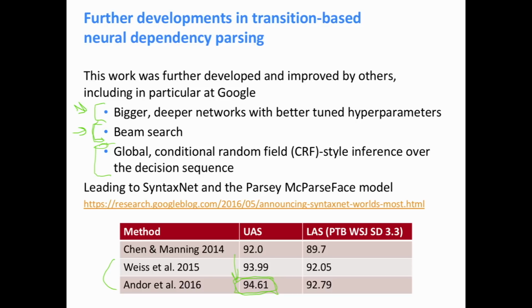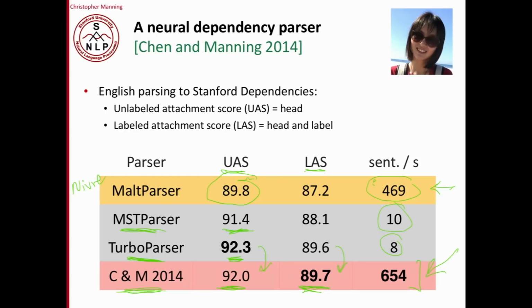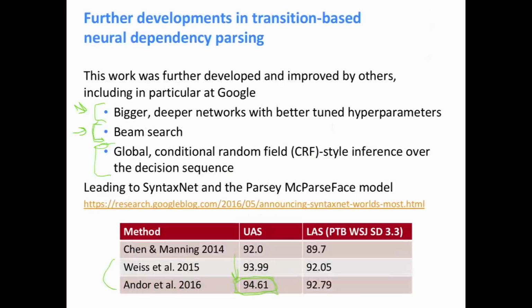But this actually led to a new era of better parsers, because effectively the 90s era of parsers was around 90%, and then going into this new generation of neural transition-based dependency parsers, we've halved that error rate, and we're now down to about a 5% error rate.